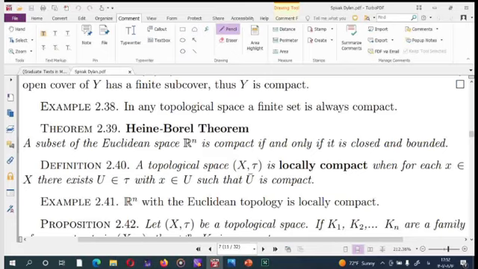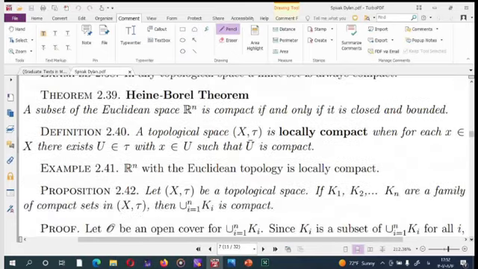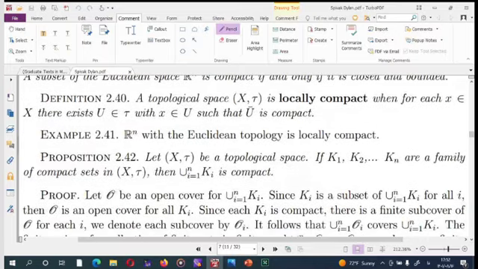And we have this important definition: a topological space (X, tau) is locally compact, not compact, locally compact when for each x in X there exists an open set U with x belonging to U and the closure of U is compact, okay?